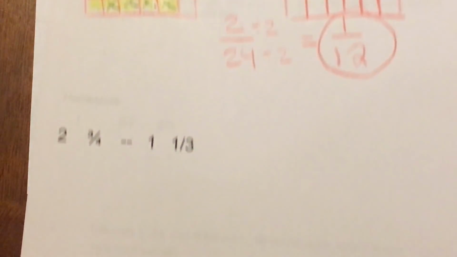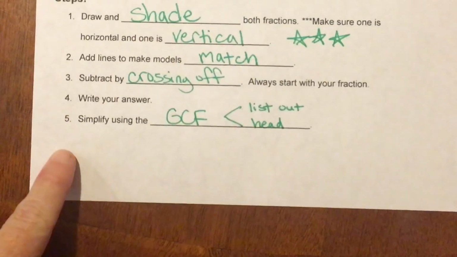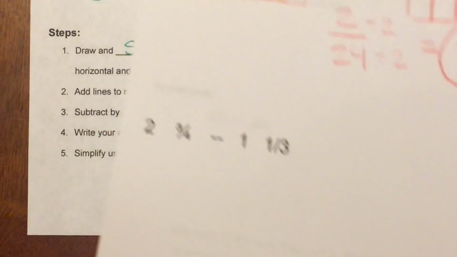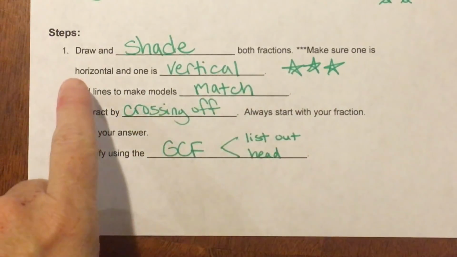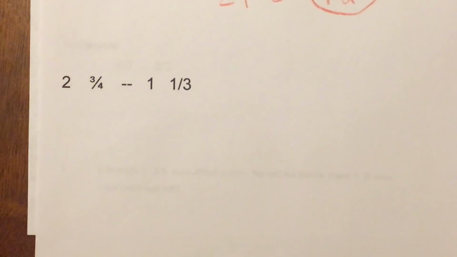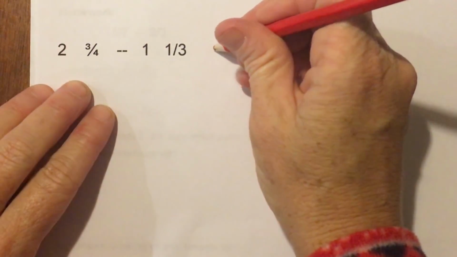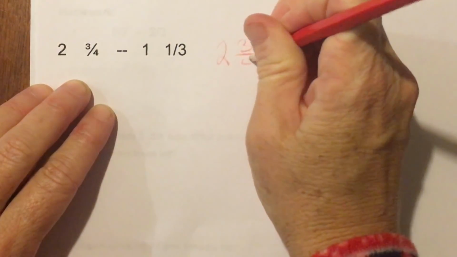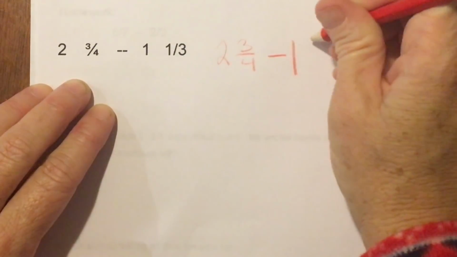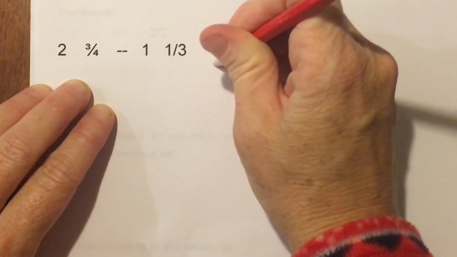This one's going to be a little trickier because there's whole numbers, but I'm going to do the same idea. I'm going to first draw and shade both fractions, making sure one's horizontal and one's vertical. So this problem says 2 3/4 take away 1 1/3.